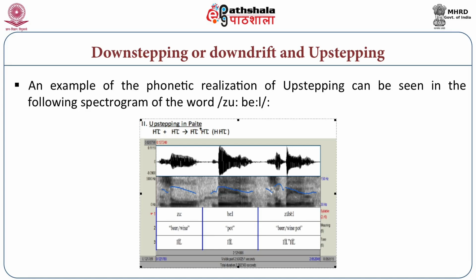The word beer has a mid-tone and the word pot too has a mid-tone. But when these words come together, then the first word, beer, is realized with an upstepped mid-tone.